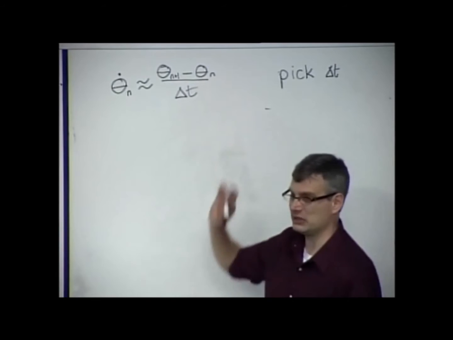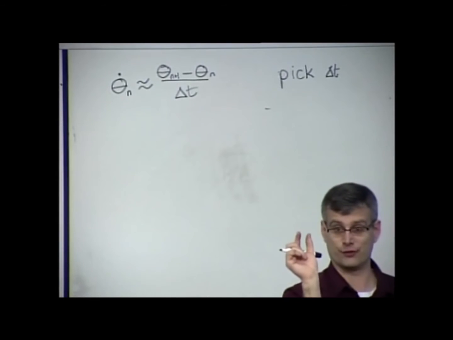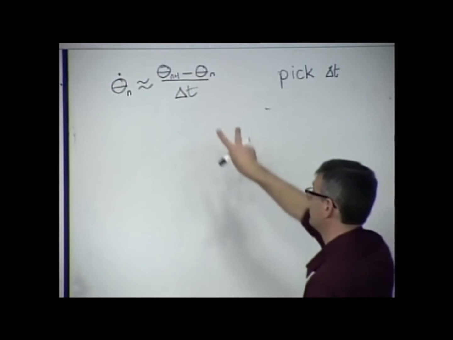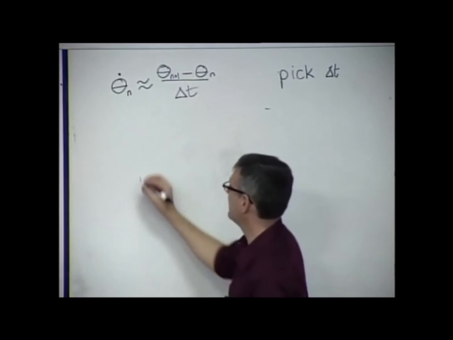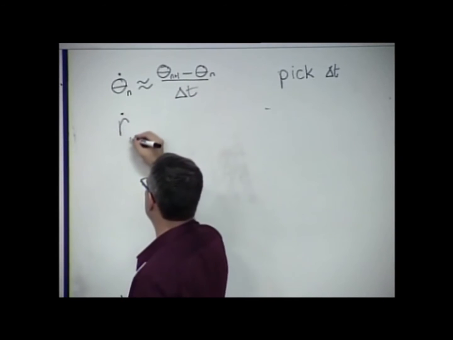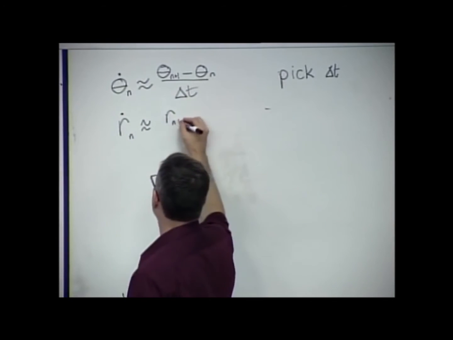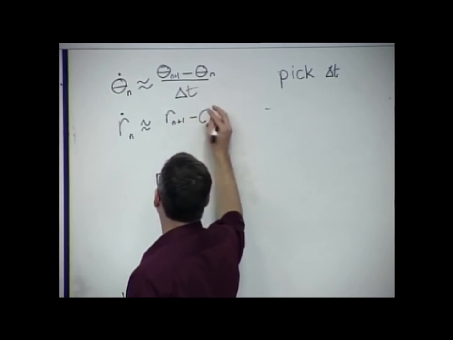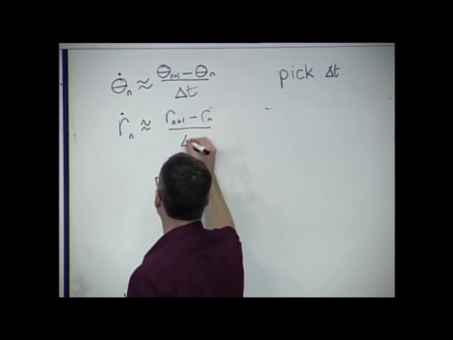And of course, when delta t becomes infinitely small, that's really the definition of a derivative. I'm observing the points closer and closer in time and looking at the slope. And likewise, I can do the same thing for r sub n: r sub n plus 1 minus r sub n over delta t.